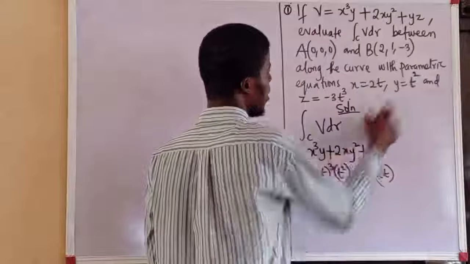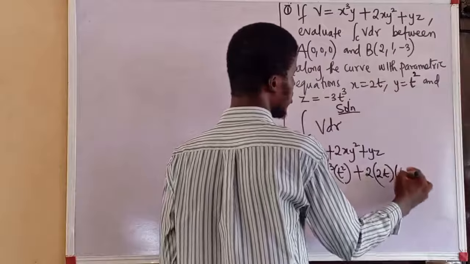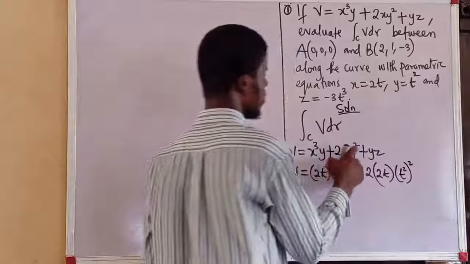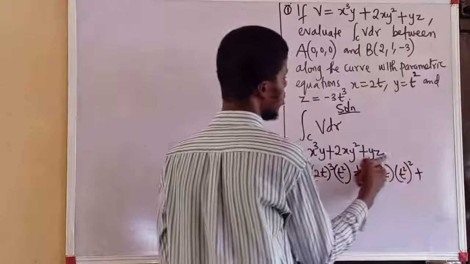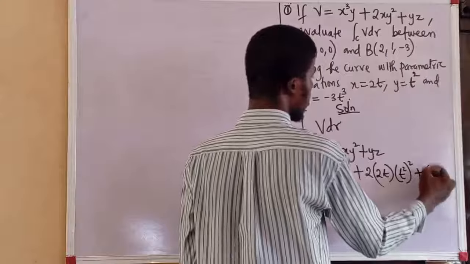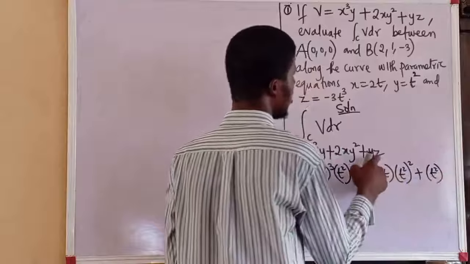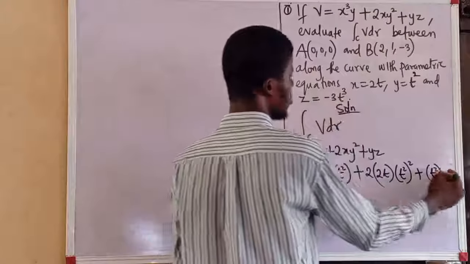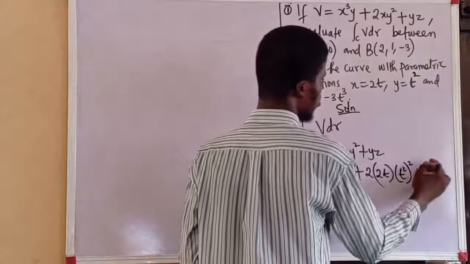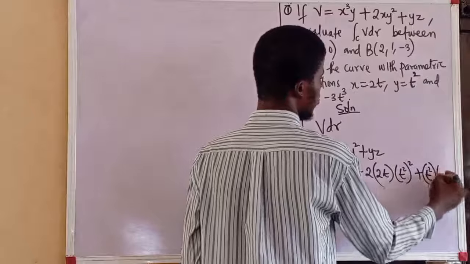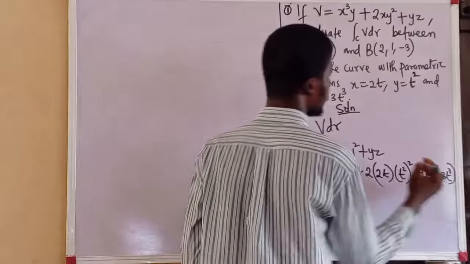What is y? y is t squared. I will square it because of this squared. Plus y is t squared, z is what? Minus 3t cubed. That's t squared into minus 3t cubed.